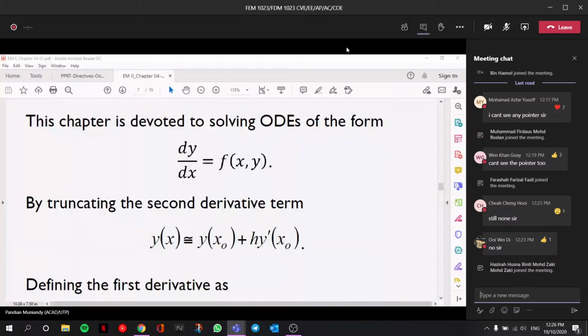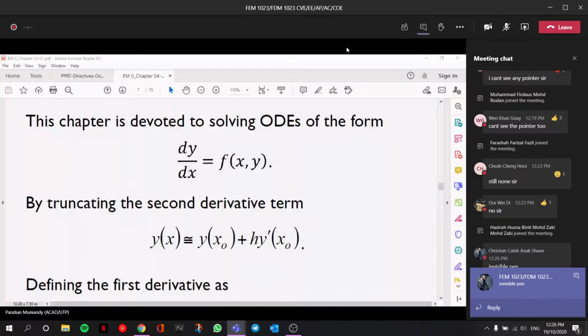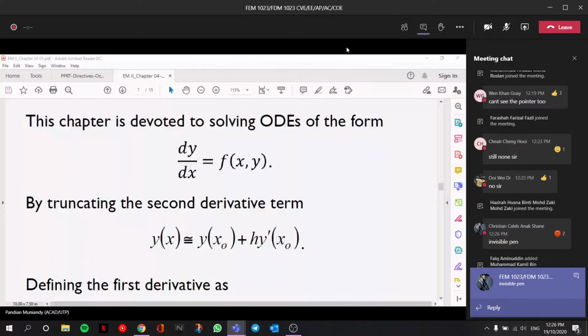Sir, I think it's just the pointer we cannot see, but we still can see the slide. So I think we better proceed with the lecture. Okay, let's just proceed. I'll try to solve it in the next lecture.